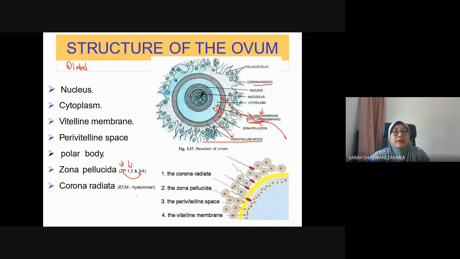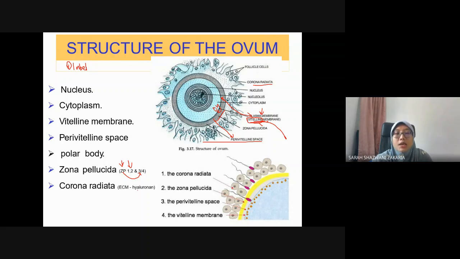And then ECM, extracellular matrix. So we have corona radiata. If you remember, it's a network of follicle cells connected together. The extracellular matrix contains hyaluronan or hyaluronic acid.